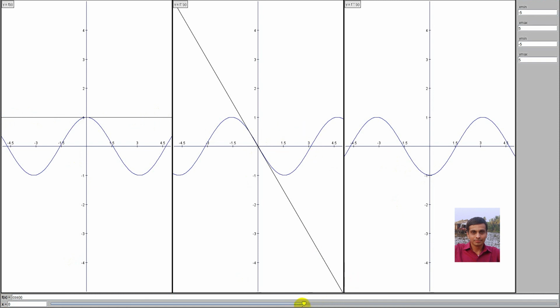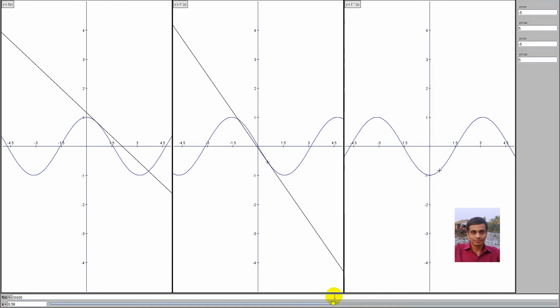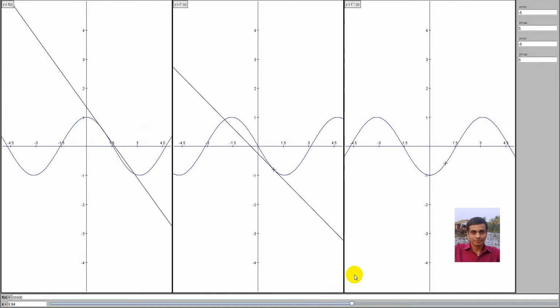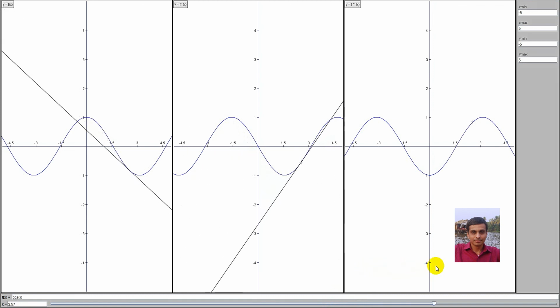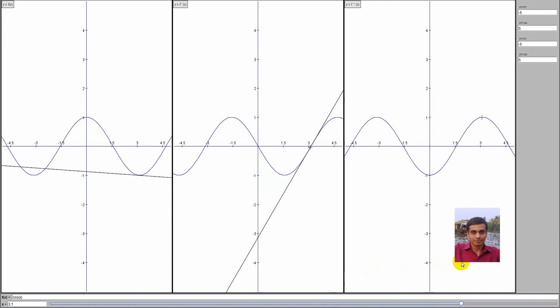At the point where the function has a minimum value, again the tangent will become parallel to the x-axis, as you can observe in the first window. So in the first window you can observe that the tangent is parallel to the x-axis and hence the first derivative is 0. But what happens to the second derivative?